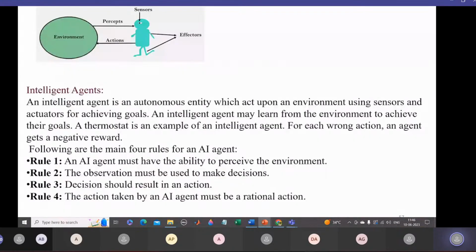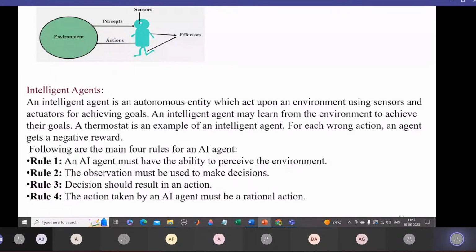Now you can see the intelligent agents. It is an autonomous entity. It can act upon the environment using sensors, and it has actuators for achieving goals. It will learn from the environment to achieve the goals. A thermostat is an example here. For every wrong action, they have a negative reward.